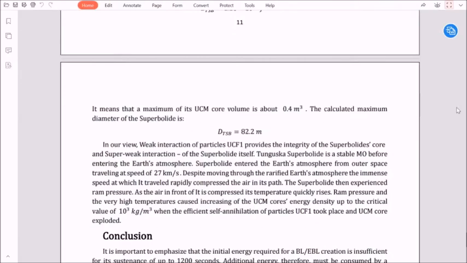Ram pressure and the very high temperatures caused an increase of the UCM core's energy density up to the critical value of 1,000 kilograms per cubic meter, when the efficient self-annihilation of particles UCF1 took place and the UCM core exploded.